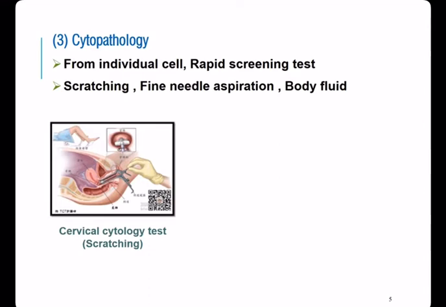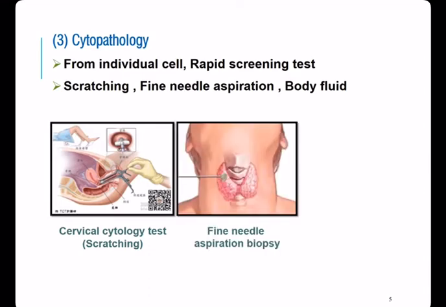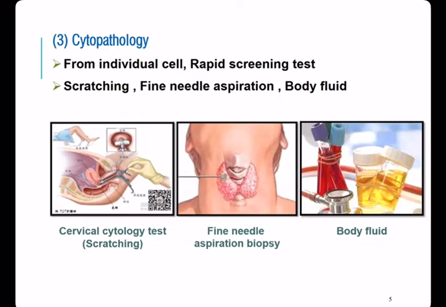Another one is fine needle aspiration biopsy, for example, the thyroid biopsy. Sometimes we collect cells from liquid in body cavity or urine by centrifugal precipitation. Then the paraffin-embedded cell block is made.